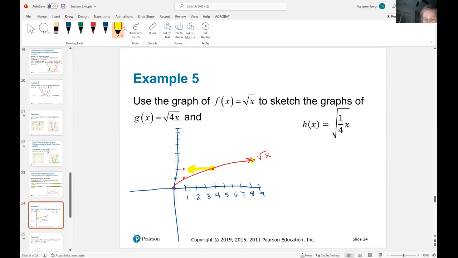And this point at 9, I would have 36. Square root of 36 is 6, right? So at 9, it would be at 6. 1, 2, 3, 4, 5, 6.